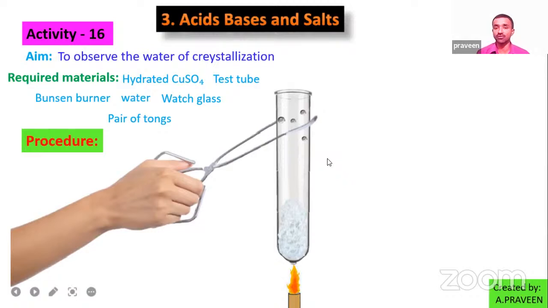So we can generalize that on heating, hydrated copper sulfate loses its blue color and changes into white crystals, and water droplets form on the inner walls of the boiling tube.